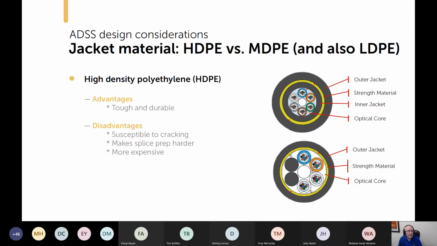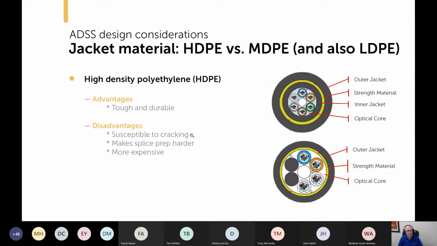So next up, the jacket material itself. What do you make it out of? You've got two and sort of a third choice there. So first up, high density polyethylene. The advantages to it are that it is very tough and durable. Does have some disadvantages though. Over time, in an aerial environment, it is more susceptible to cracking.